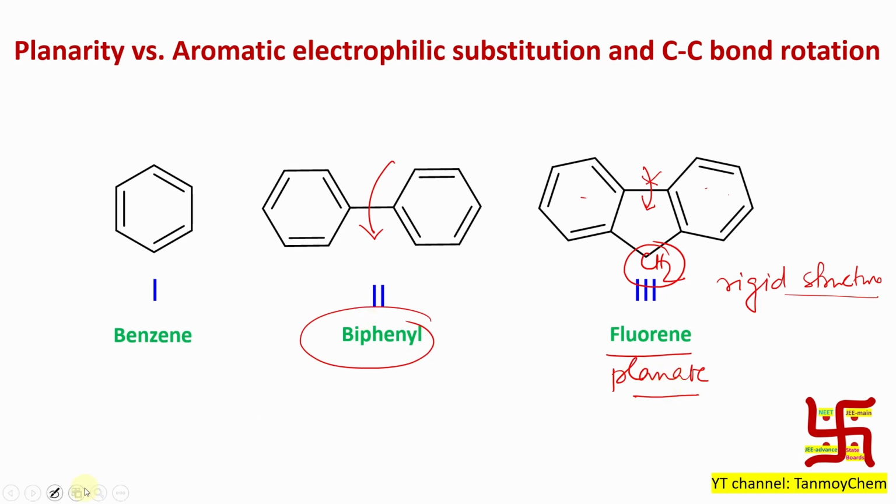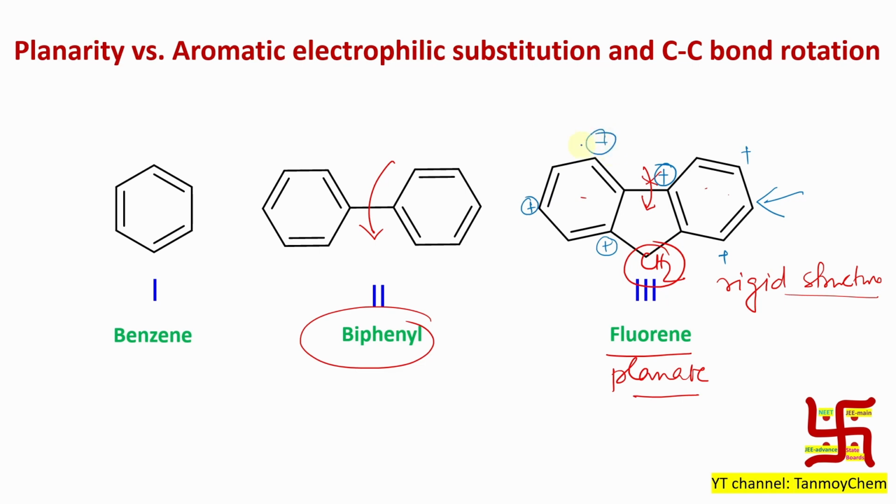If it is a planar arrangement, then you can easily expect that aromatic electrophilic substitution can take place in the para position very efficiently. Whatever positive charge is generated here, here and here, this one will again be stabilized by the next ring. In this way the aromatic electrophilic substitution can take place and the sigma complex will be stabilized.